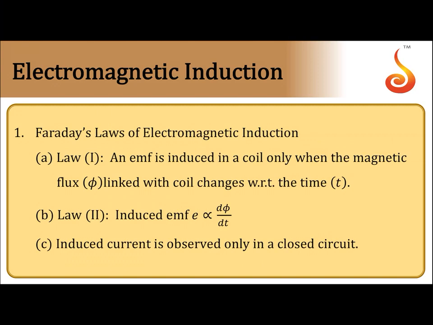It has two parts. First, an EMF is induced in a coil only when the magnetic flux linked with the coil changes with respect to time, and the induced EMF is equal to, not proportional to, d phi by dt, that is the rate of change of magnetic flux linked with the coil.